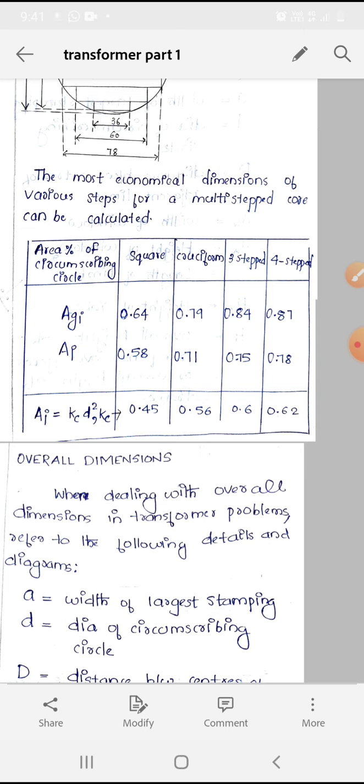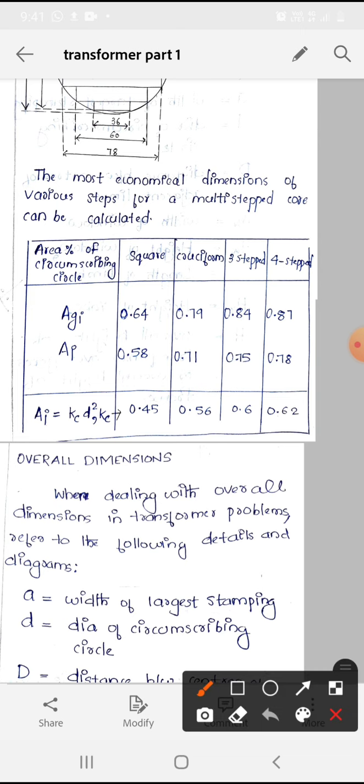So for Agi, for square it is 0.64, for cruciform core it is 0.79, for three step and four step it is 0.8487 respectively, and also Ai. And also we need to know that Ai is equal to Kc d square, where Kc for square core is 0.45, for cruciform it is 0.56, and 3 step is 0.6 and 4 step is 0.62.